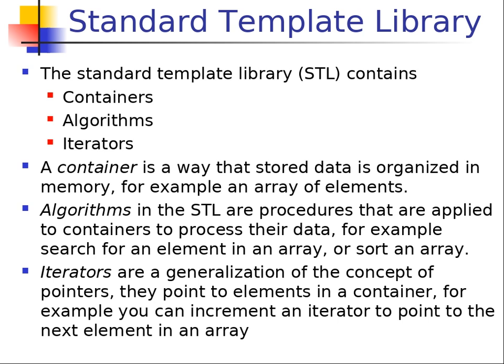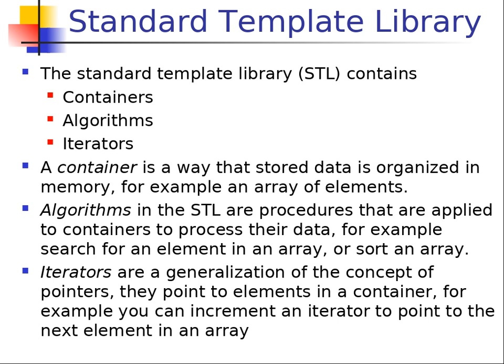And the STL, the essential or beginning part of it, is divided into three parts. We have containers, algorithms, and iterators. So containers, that's aka your data structure. You know, a vector is an array, a list is a doubly linked list, etc. Algorithms, a collection of algorithms like sorting, finding, searching, etc. And then iterators.